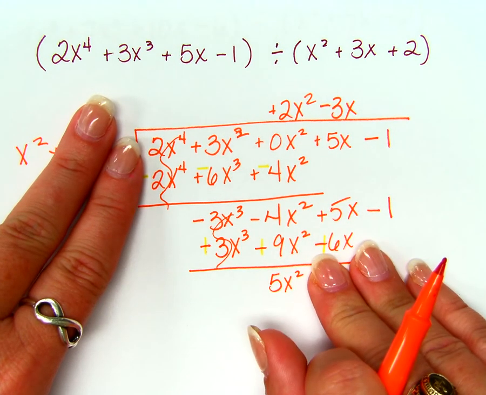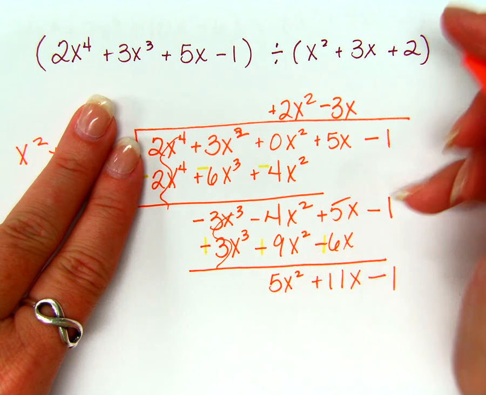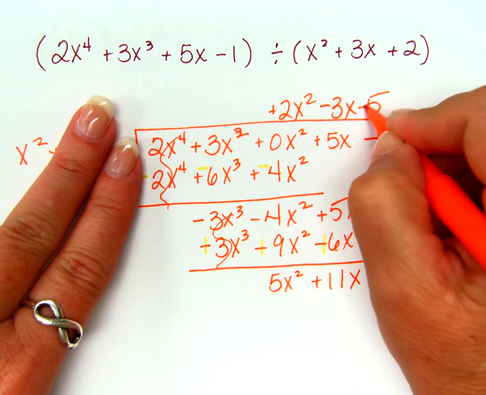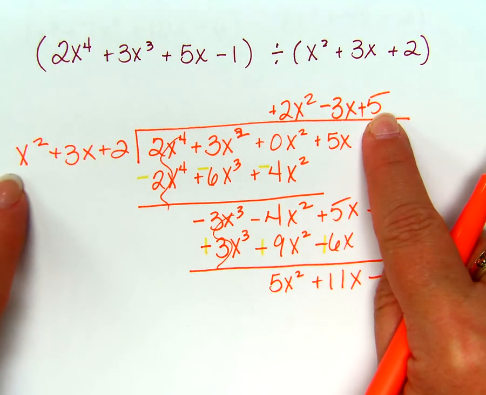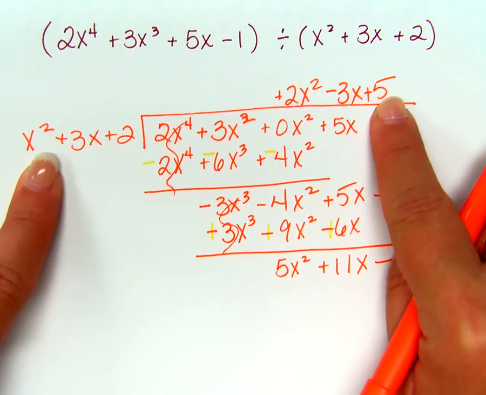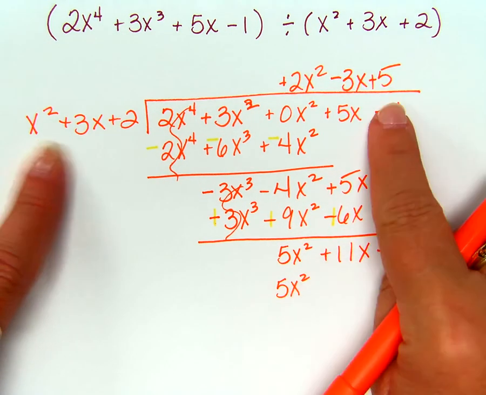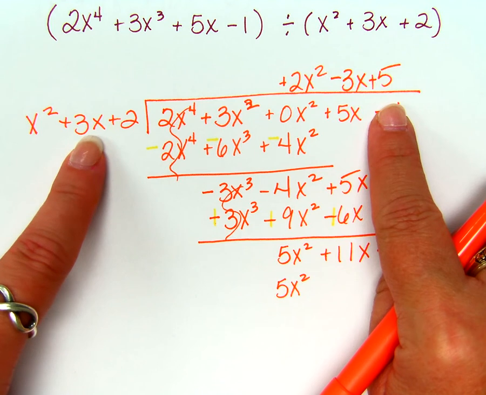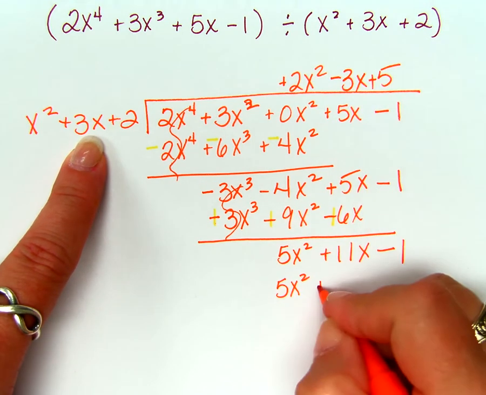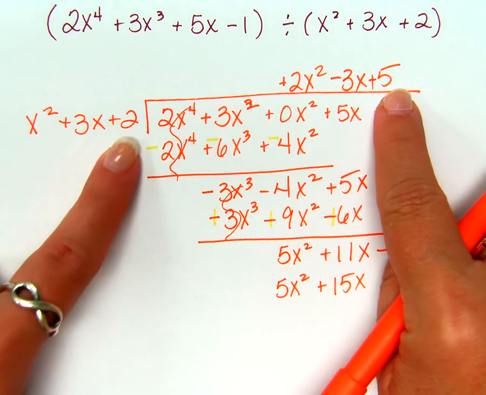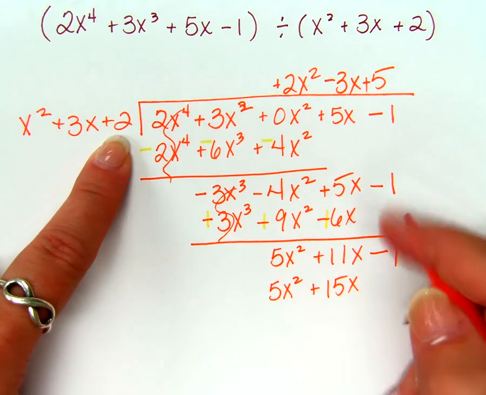Over the 1, right? Plus 5. What's 5 times x squared? 5x squared. What's 5 times 3x? 15x. What's 5 times 2? 10.